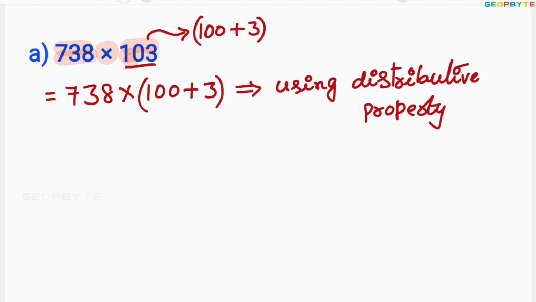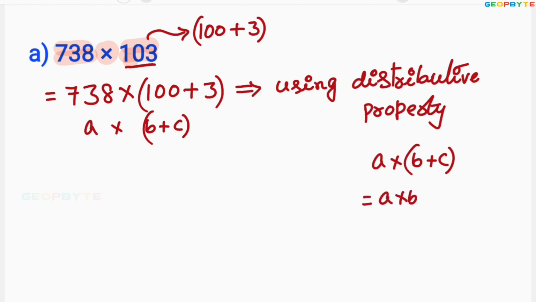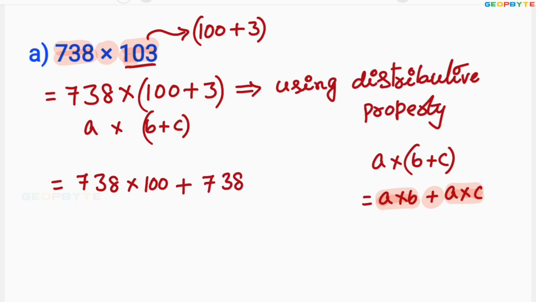Now it is in the form of A into (B plus C), which can be written as A into B plus A into C. So it can be written as 738 into 100 plus 738 into 3.